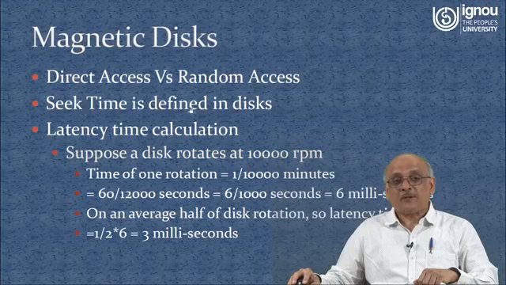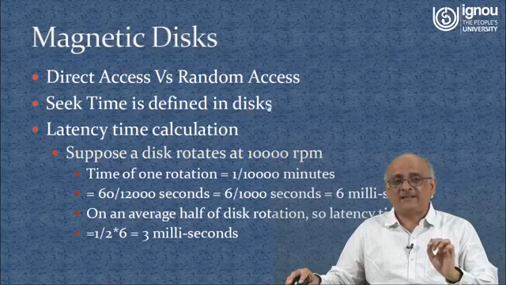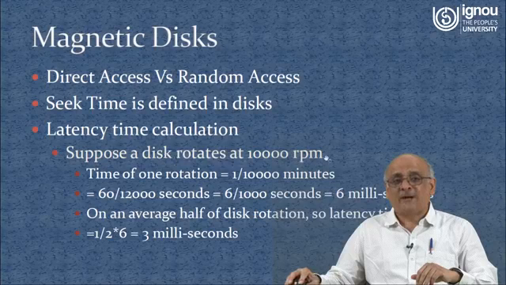Seek time is defined for disks. For any specific disk, you will find a standard seek time, and latency time is calculated. One example we have given: suppose a disk rotates at 10,000 RPM. So the time of one rotation is 1 by 10,000 minutes, right?